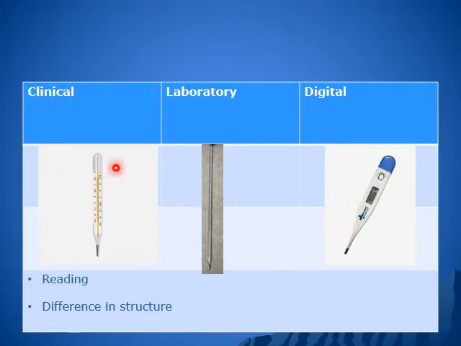So their difference is reading. The first difference is reading. This clinical thermometer reads temperature from 32 degrees to 42 degrees centigrade. The laboratory thermometer reads temperature from -10 degrees centigrade to 110 degrees centigrade, and the digital thermometer reads temperature from 31.6 degrees to 42.2 degrees centigrade.